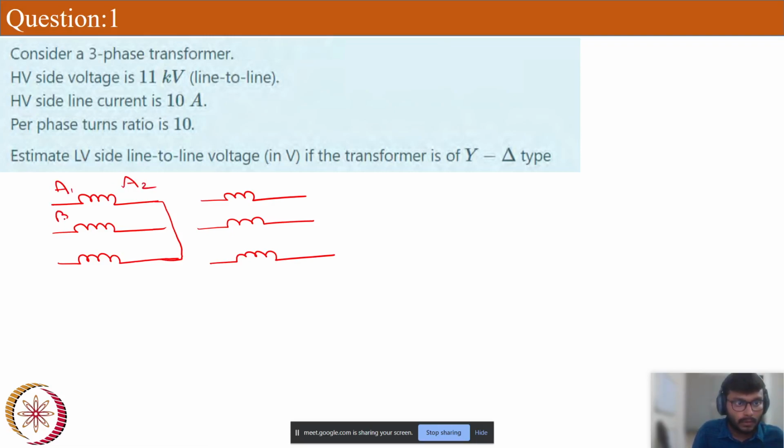A1, A2, B1, B2, C1, C2, and please also draw with me. One important thing is to mark the polarity. And I'm drawing the supply now.